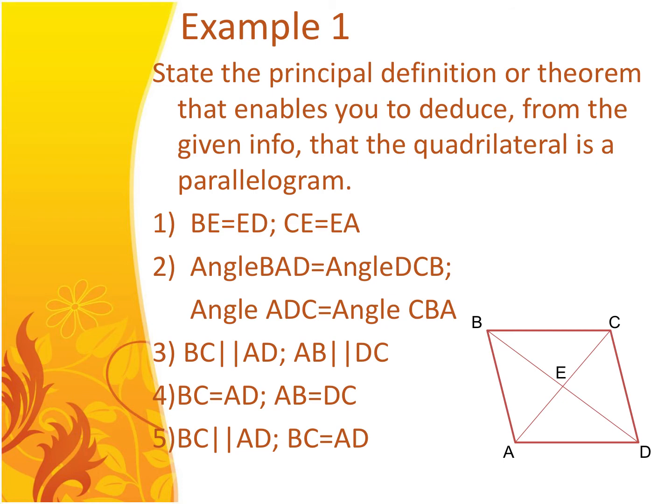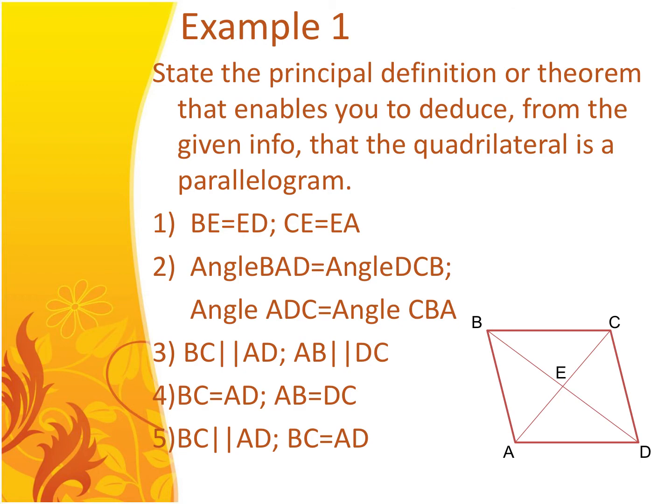So if I were to just give you that picture with A, B, C, D, and E labeled in there and no markings on it, no congruencies or parallels, I could not say that that quadrilateral is a parallelogram. But as soon as I start adding in congruency marks and parallel marks, then I'm able to say that that quadrilateral is a parallelogram.